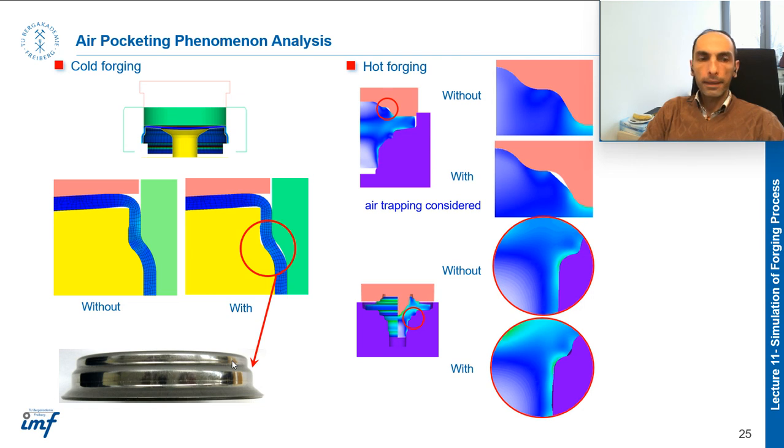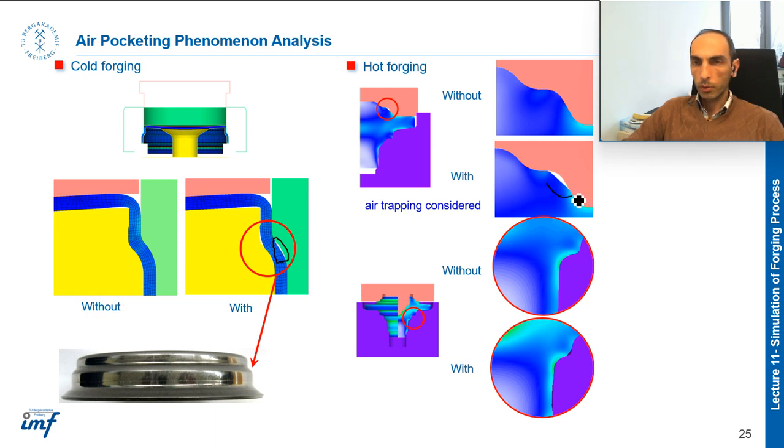And this slide shows a phenomenon in forging, not exactly a defect. We name it air pocketing. This air pocketing can happen in cold forging or hot forging, both. You can see here this air pocketing. The air is trapped between the workpiece and the die, and it may lead to a defect in the workpiece.